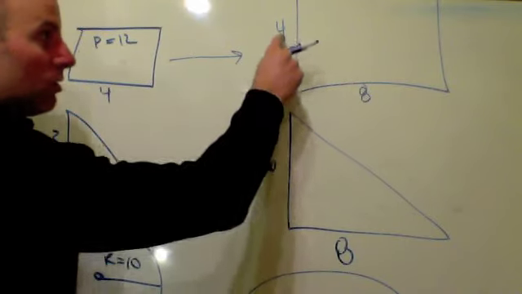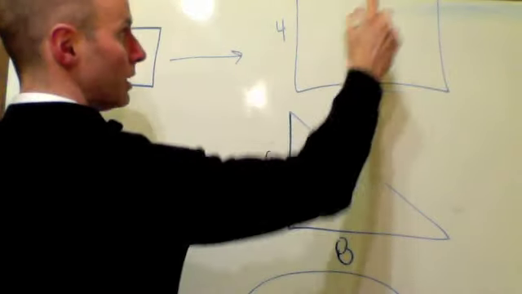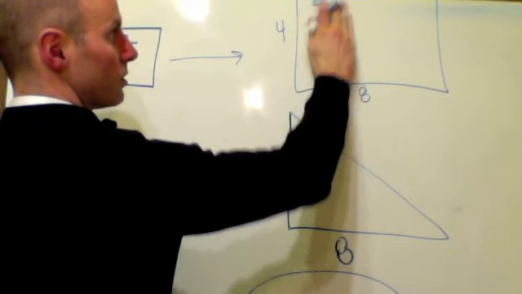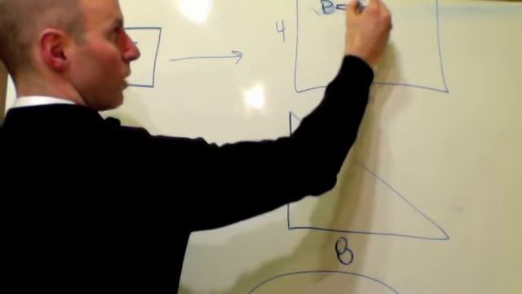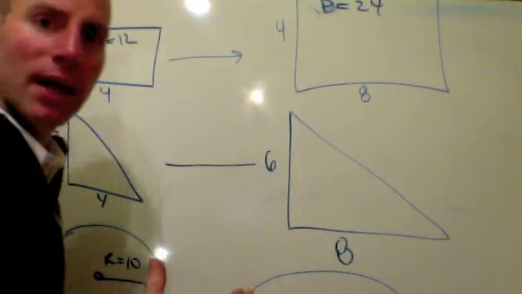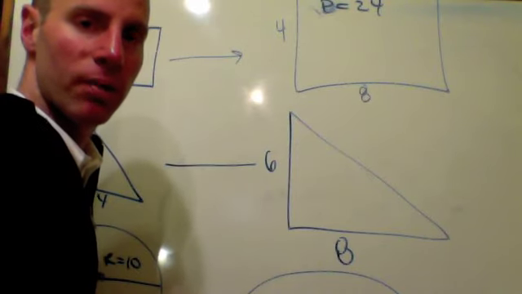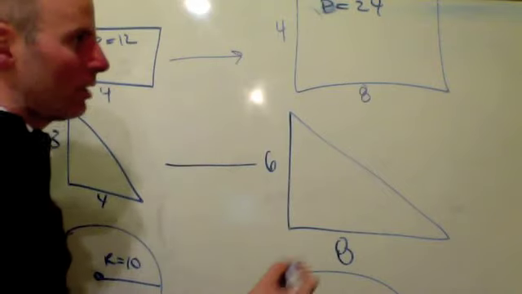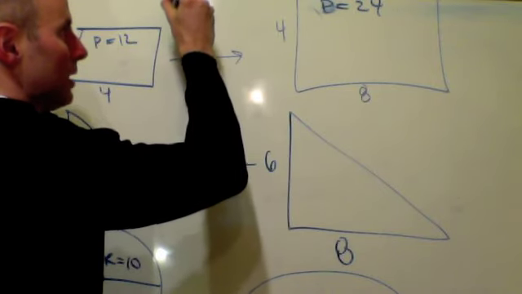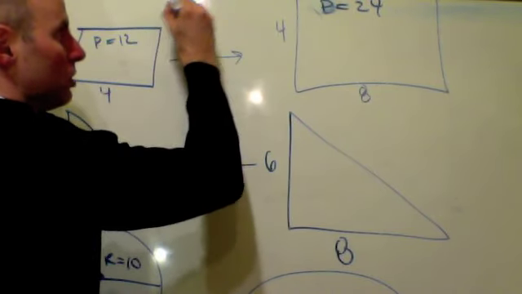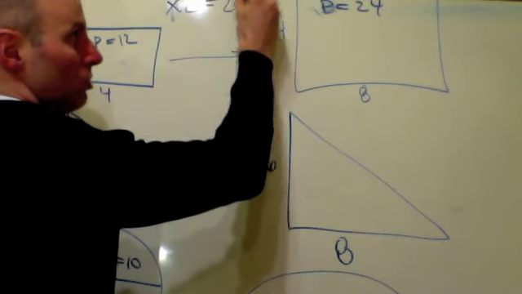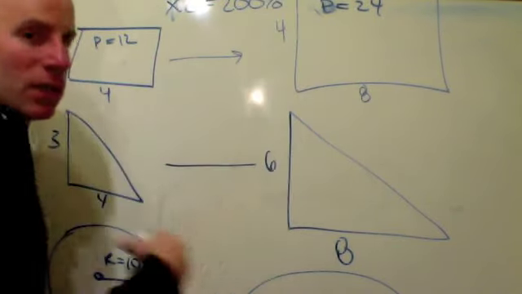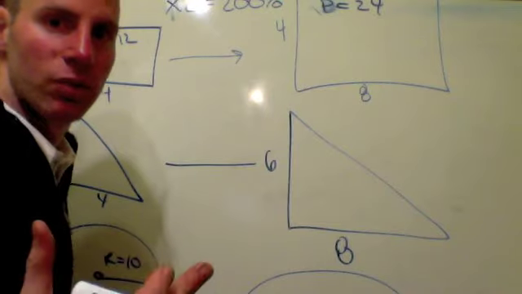This would be 4, 8, 4, 8, so the perimeter here is 24. Doubling the sides means I double the perimeter. Another way of thinking about doubling is when you multiply by 2, you're actually increasing it by 200%.